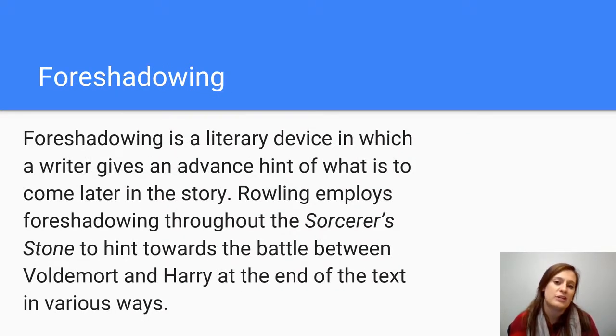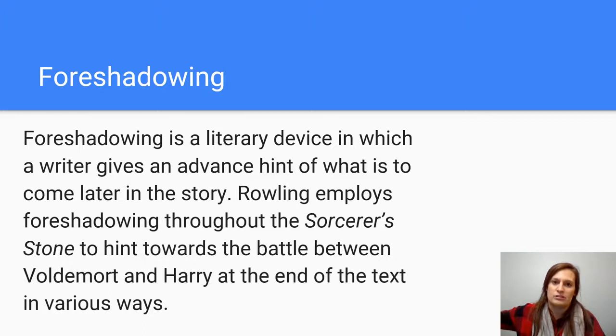The next literary term that I want to talk to you about is foreshadowing. So foreshadowing is a literary device in which the writer gives an advanced hint of what is to come later in the story. And a lot of times it might take a second read before you realize that something is foreshadowing, or once you get done at the end of the text, then you realize, oh, that's why that was in there. I thought that was strange. So Rowling uses this throughout the Sorcerer's Stone.